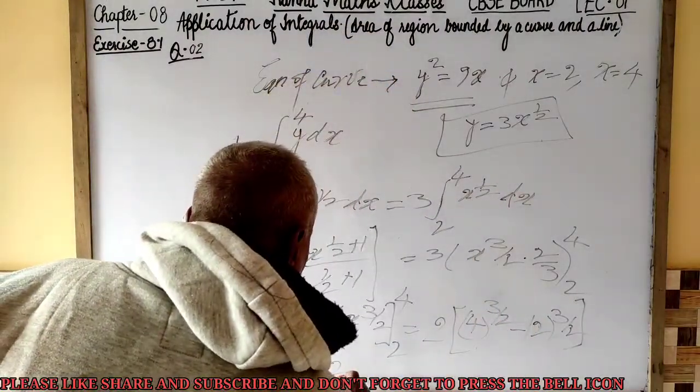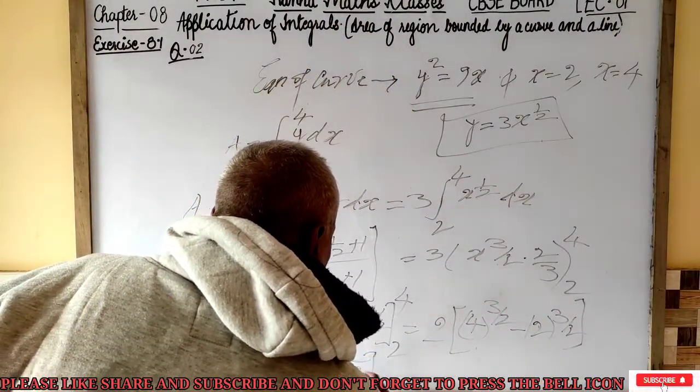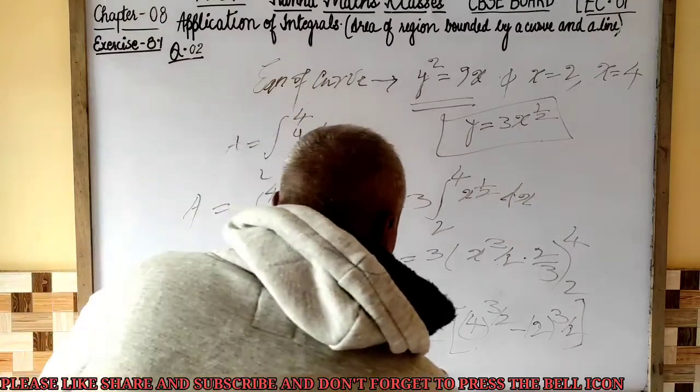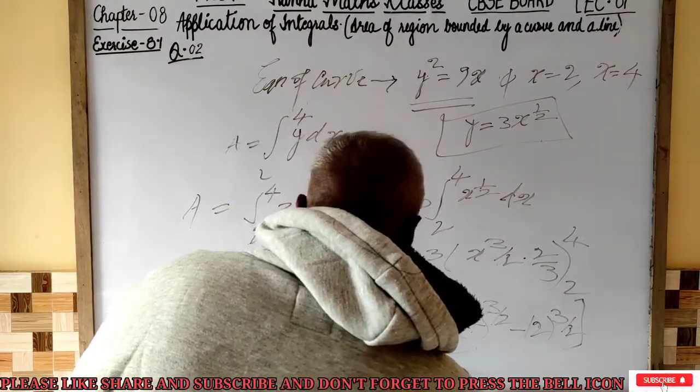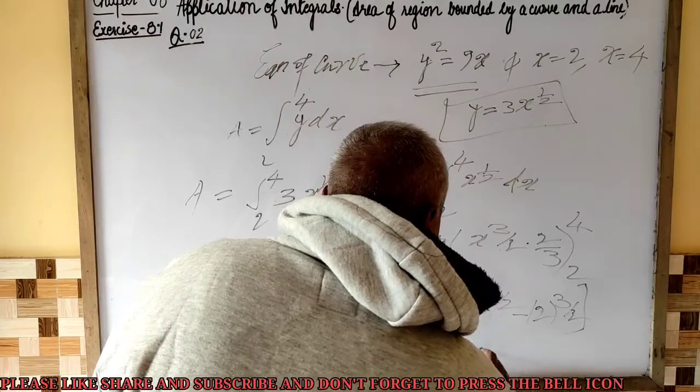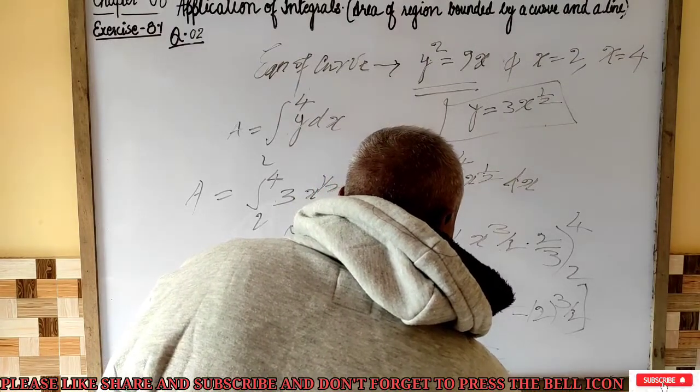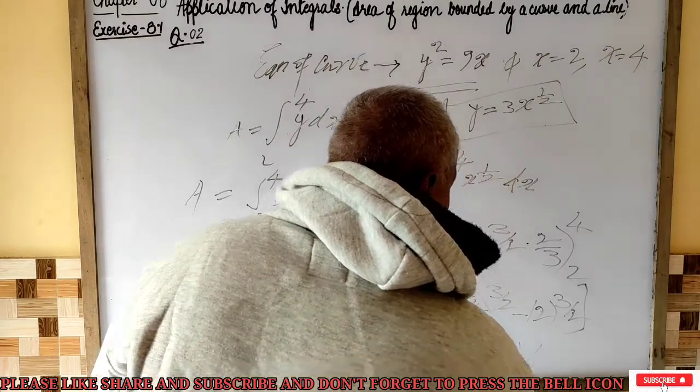Multiplying by 2, this will be equal to 16 minus 4√2. This will be the requisite area of the bounded region.